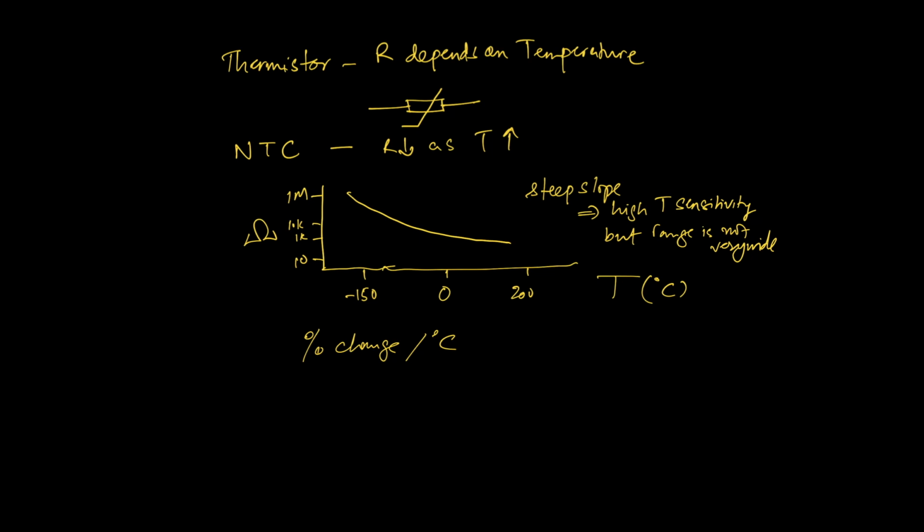So that's a typical number. So look at this, this is very responsive. It turns out these are usually very small and relatively cheap to operate. So that's the advantage of the negative temperature coefficient thermistors.